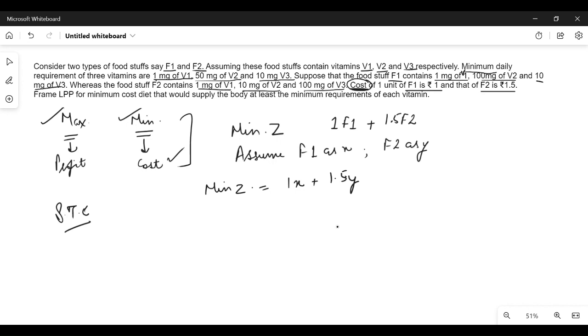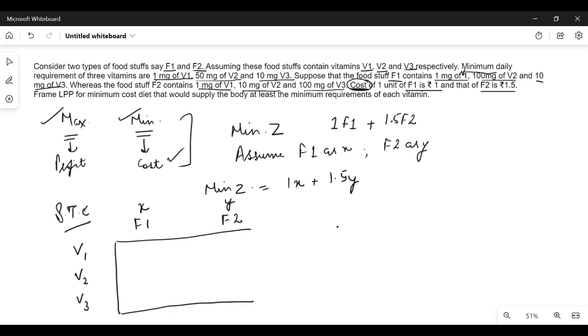And how do we formulate the constraints? What we will do, we will write F1 here and F2 here. This is my X and this is my Y. So I have V1, V2 and V3. Now I will make the matrix, right?